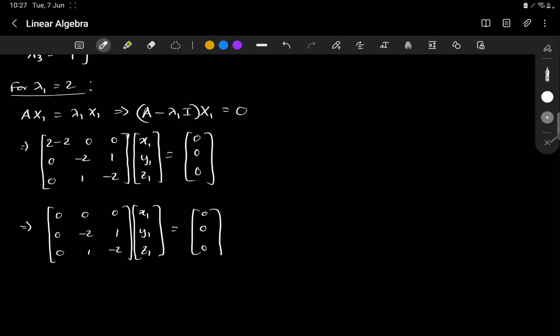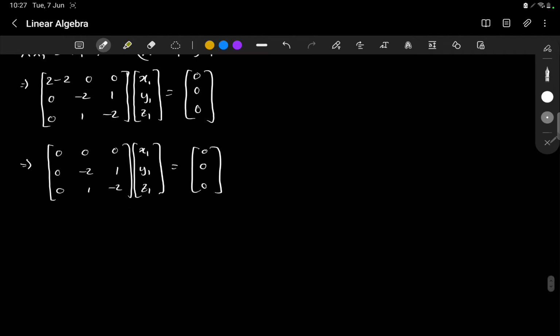So this is a system of equations, and we need to solve for x1, y1 and z1 from this system of equations.